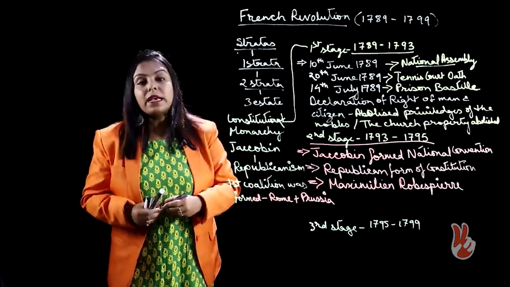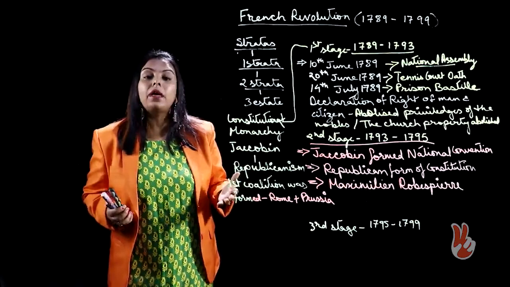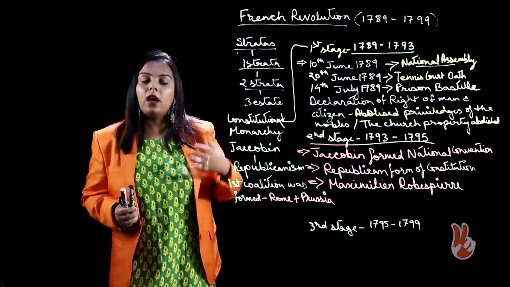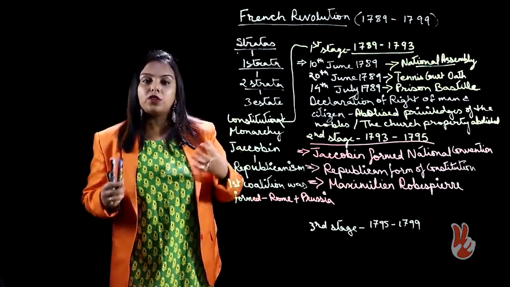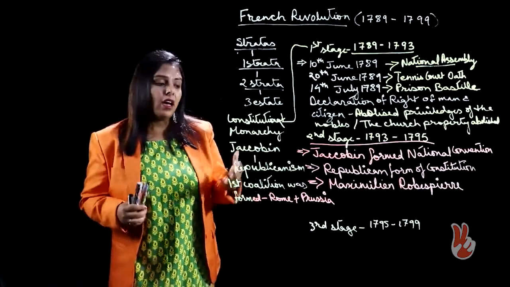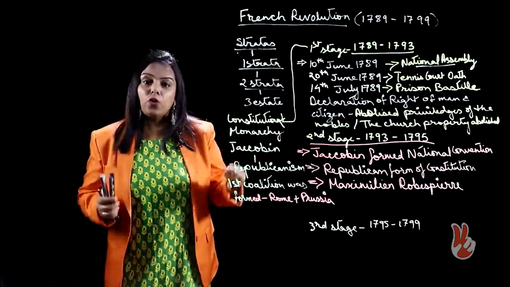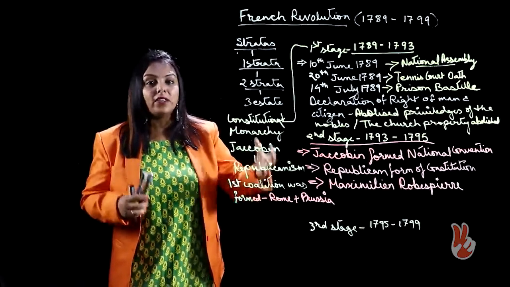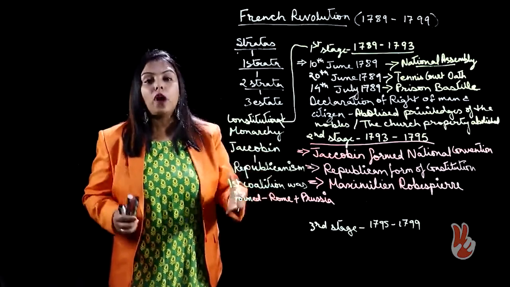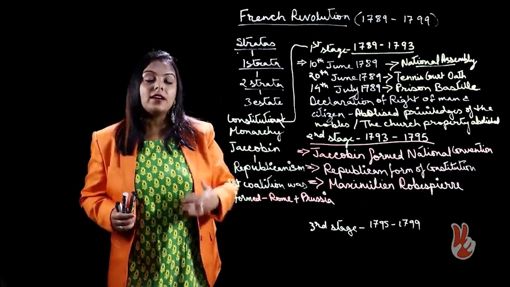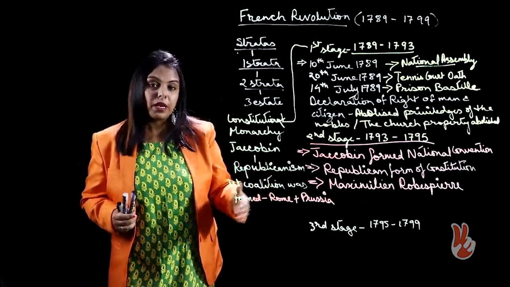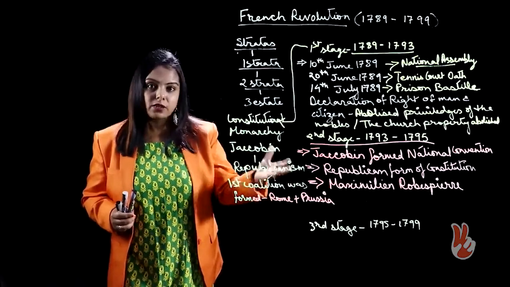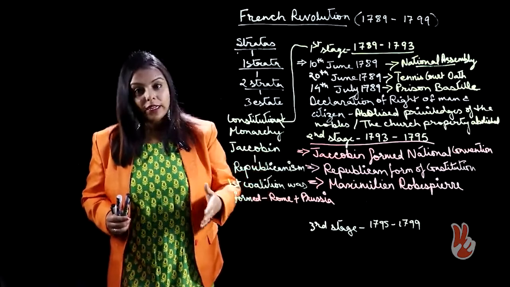Why? Because Maximilien Robespierre became an authoritarian ruler, or I should say an authoritarian administrator, who would not allow any other parties or any other group of people to form an opinion. So, he started sending most of the people who were against his philosophy to the guillotine.